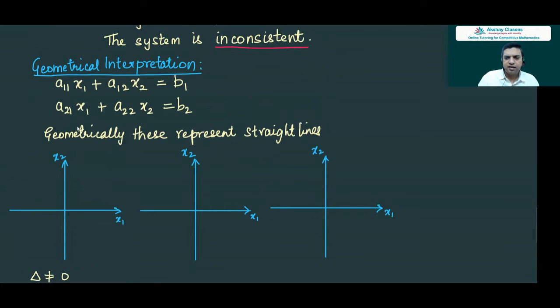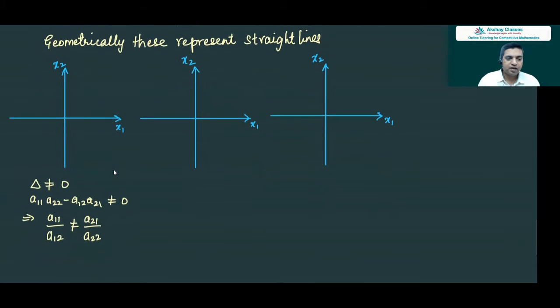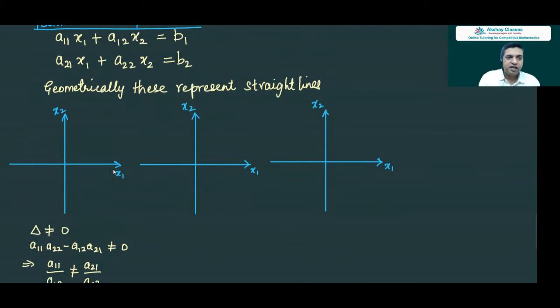You just see here in straight lines, if you remember your intermediate level coordinate geometry, if the coefficients of two straight lines are not in proportional ratio, that means say a11 by a21 are the coefficients of x1.